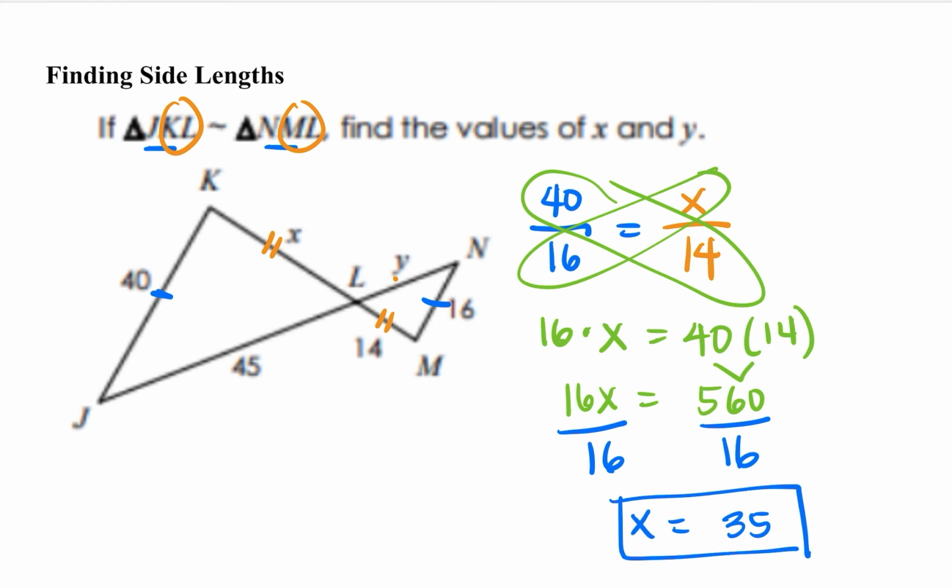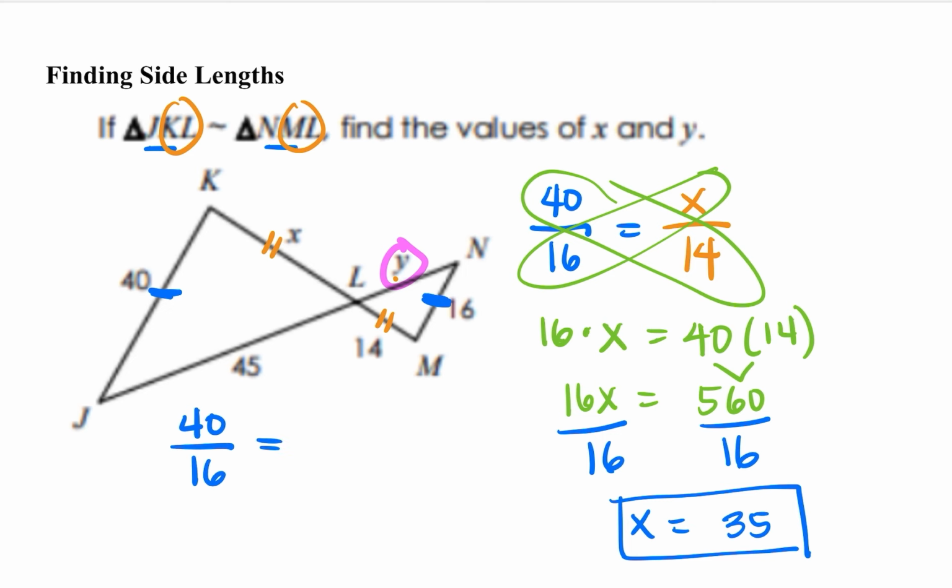Now we're going to solve for the other variable, y. Let's set up our proportion. We have 40 over 16.